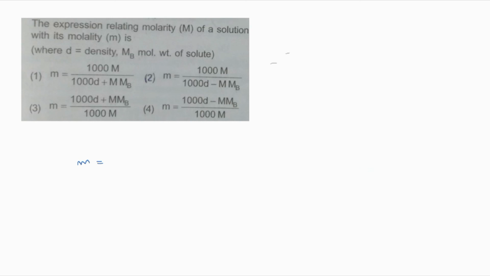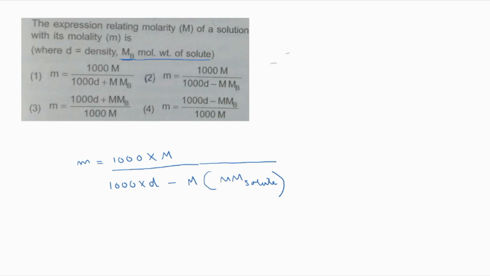Molality will be equal to 1000 into molarity divided by 1000 into density minus again molarity into molar mass of the solute, we were writing. Here the molar mass of the solute is taken as MB. So which is the correct expression? That will be the second one. Easy. We could answer that also.